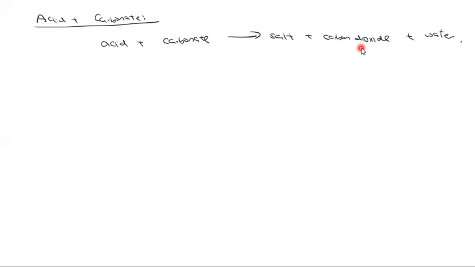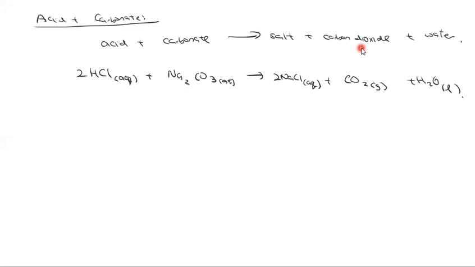Your typical example might be HCl aqueous, and we'll add a soluble carbonate, just so it's easy for me to justify writing the ionic equation the way I will. That will give me 2NaCl plus CO2 plus H2O.